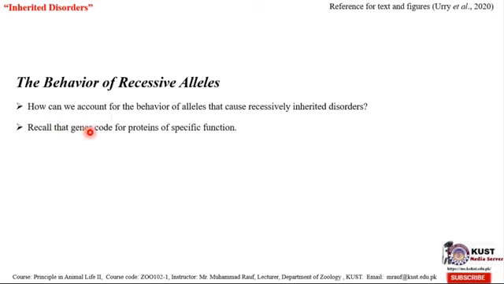Recall that genes code for proteins of specific functions. So genes are the functional units of DNA. Genes carry instructions for the synthesis of proteins. So whenever there is a defect in the gene, it will result in the formation of a defective protein, and a defective protein will not be able to perform its function in a normal way.